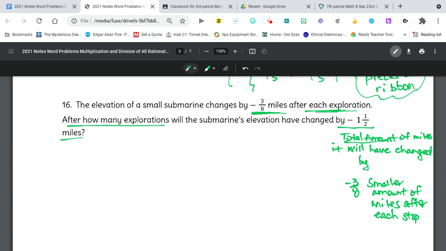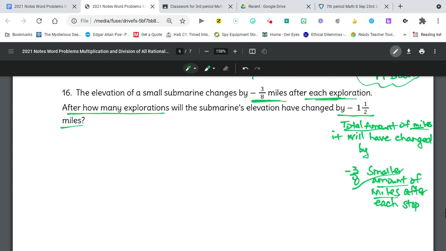So I got the total amount of miles it's changed by, and I also have the small amount of miles that it's changing by. So again, I'm giving the total and the small amount, so I'm giving both. So you're going to divide the total by the little smaller amount or the part, okay?